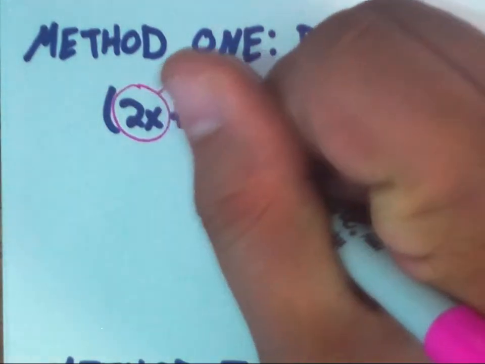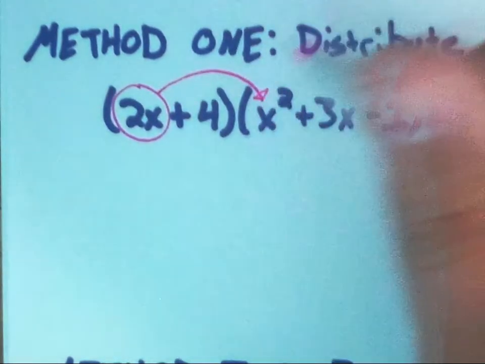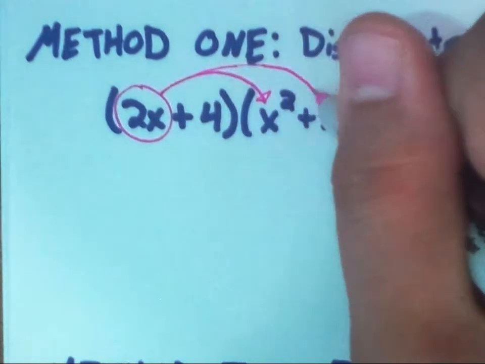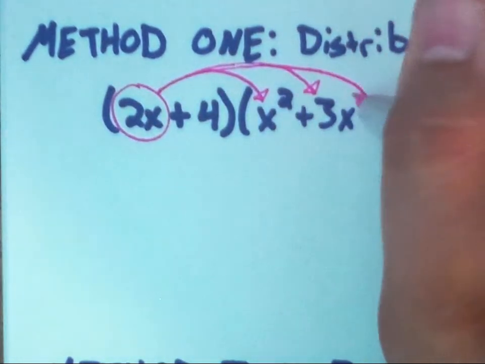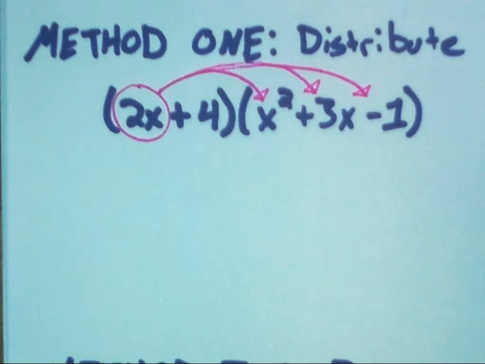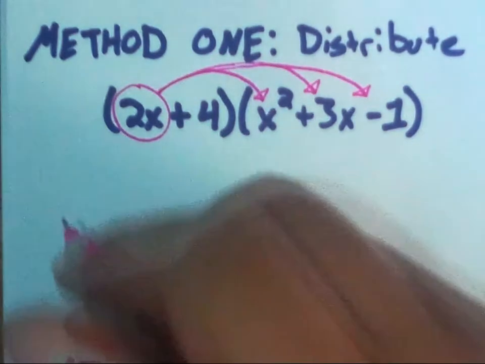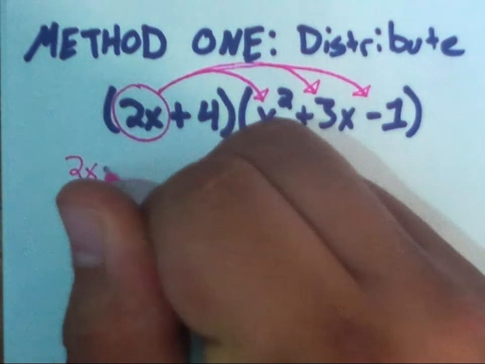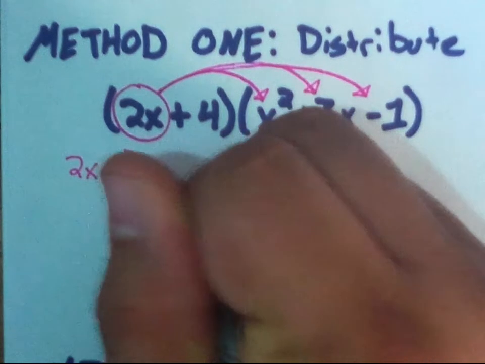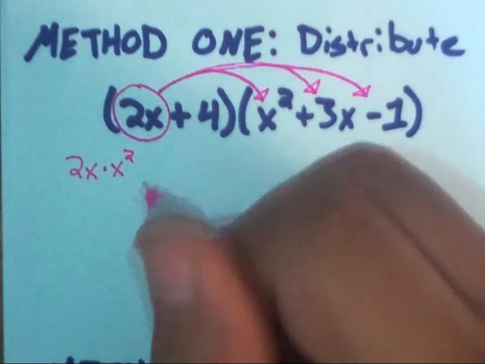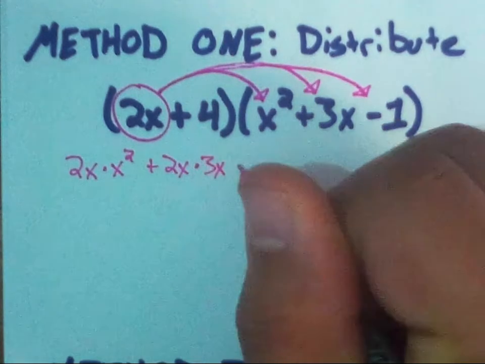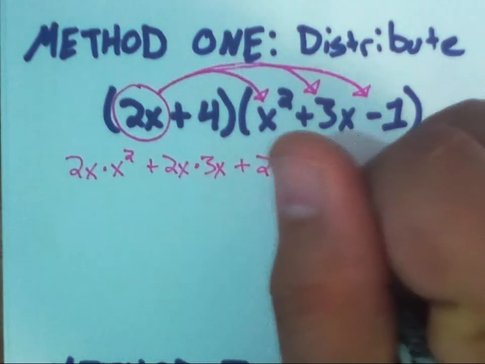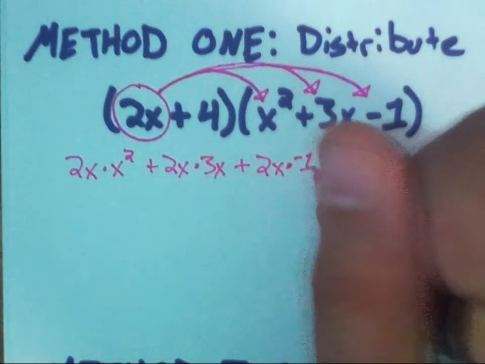I'm going to distribute 2x to x squared, 2x to 3x, and then 2x all the way to negative 1. So it's going to become 2x times x squared, then plus 2x times 3x plus 2x times negative 1.